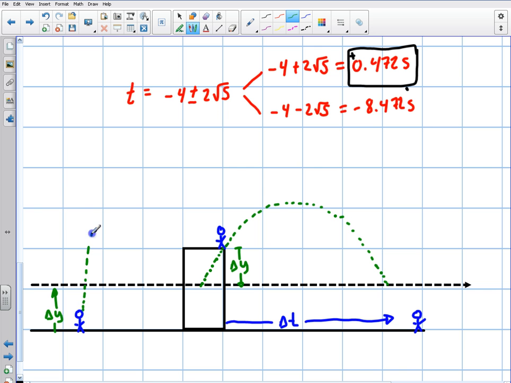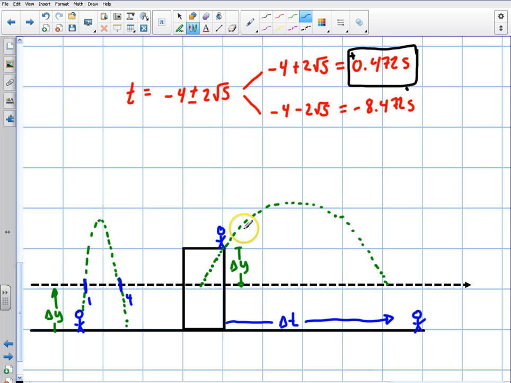It goes like this, and then it comes back down like this. Well, we know that it actually hit that displacement twice. So in that case, we would get one time here and one time here. So maybe in a question like this, one of the times would be 1 second, another time would be 4 seconds. I'm just rounding to show you. But they both would be positive because they're going forward in time.